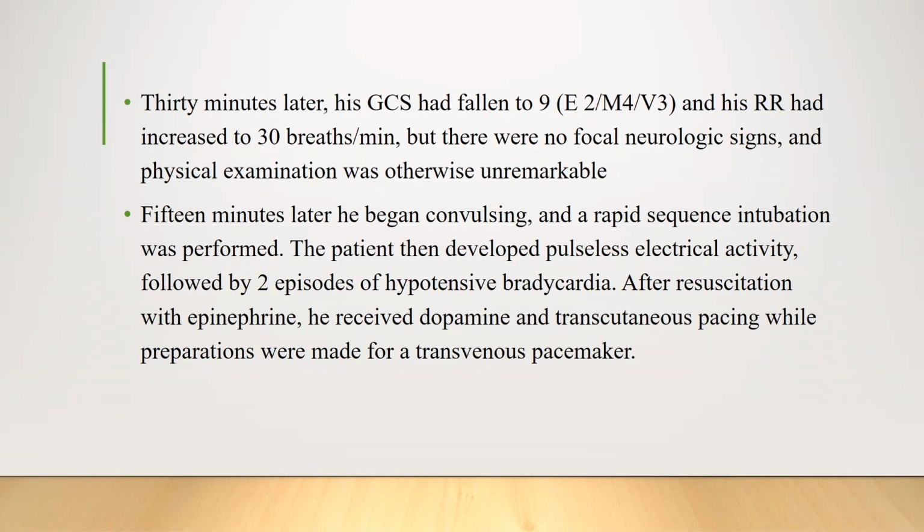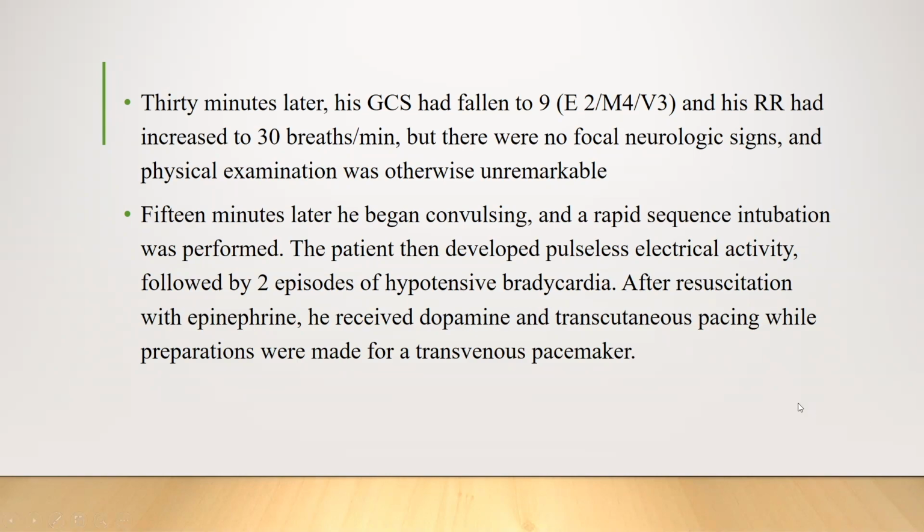Another 15 minutes later, he began convulsing, and a rapid sequence intubation was performed. Subsequently, the patient developed PEA followed by 2 episodes of hypotensive bradycardia. Resuscitation was done using epinephrine, then started on dopamine and transcutaneous pacing while preparing for a transvenous pacemaker as well.